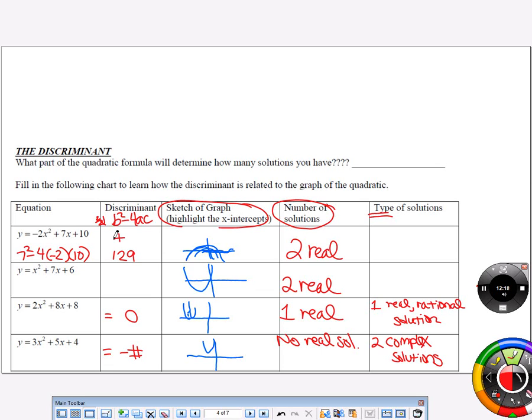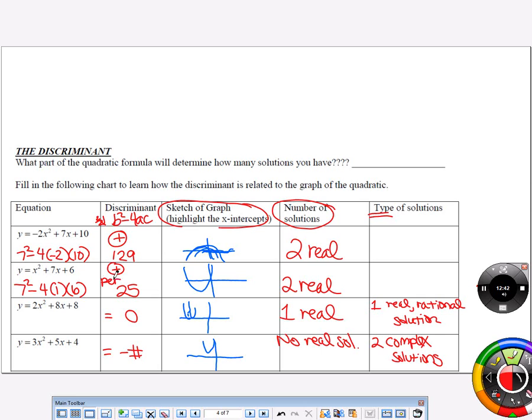So this is positive, but that number's not very special. Okay? However, if I calculate the discriminant here, it's 7 squared minus 4 times 1 times 6. Okay. So that's 49 minus 24, which is 25. Still positive, but what do you notice about this number?